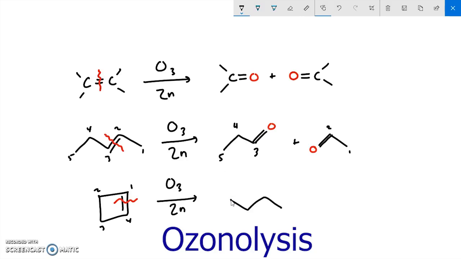And then at the first carbon, we have a double bond together with the fourth carbon. We also have double bond. And simply, we're going to add oxygen at the end of the double bond. Please take note that only the double bond and the sigma bond between the first carbon and the fourth carbon has been broken, while the bonding between number 1, number 2, number 3, and number 4 carbon will remain the same.